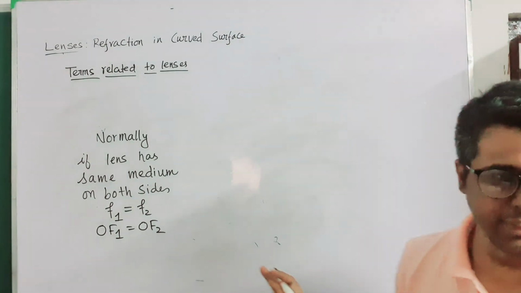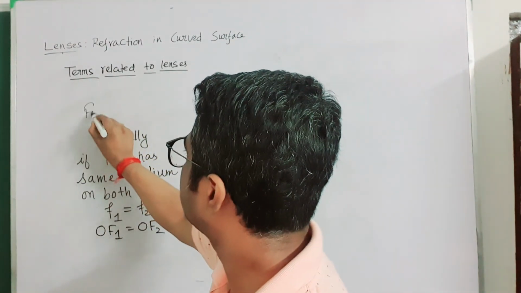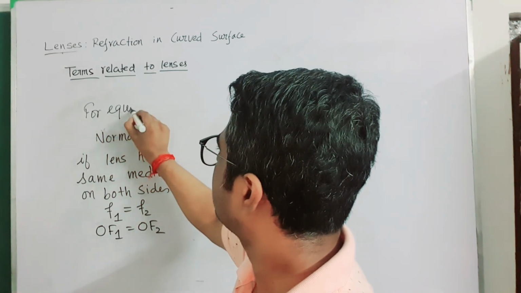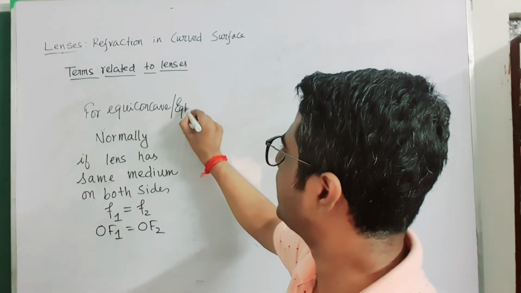So we are talking about an equiconvex or equiconcave lens.